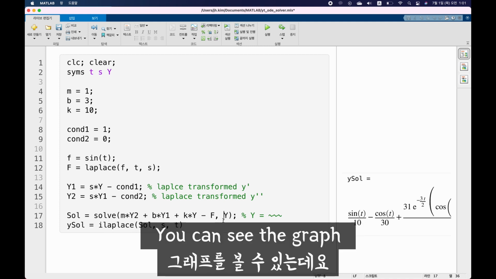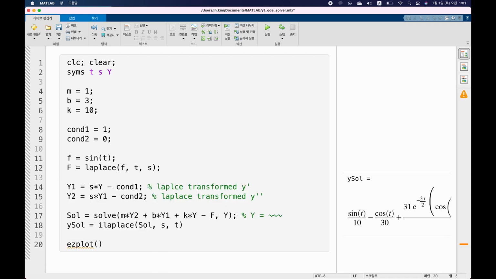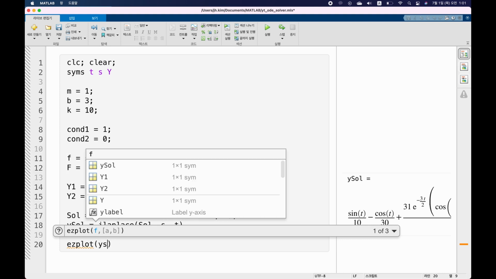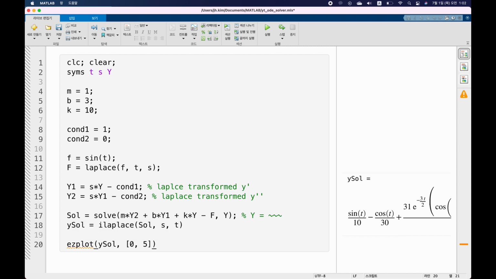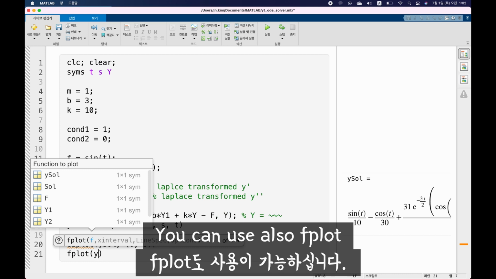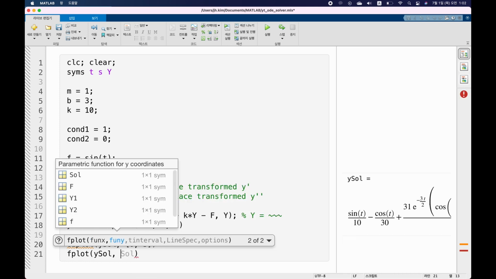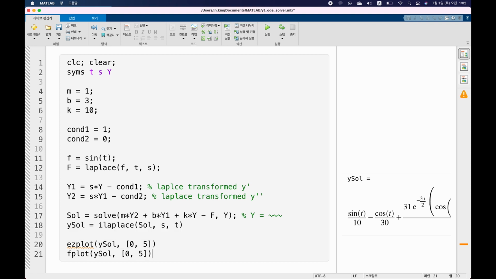You can see the graph if you use ezplot(y), and this is the domain 0 to 10 and 0 to 5, and then you can also use fplot(y) with 0 to 5, and then execute.